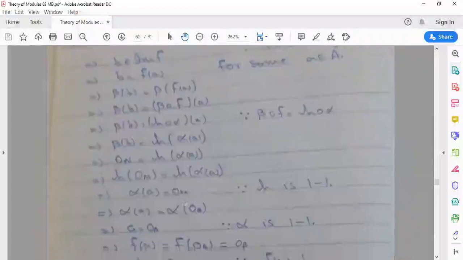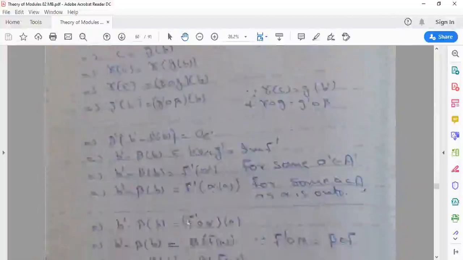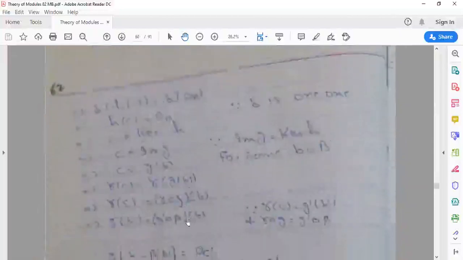This is also equal to alpha from 0_A to M, because alpha is defined from A to M.